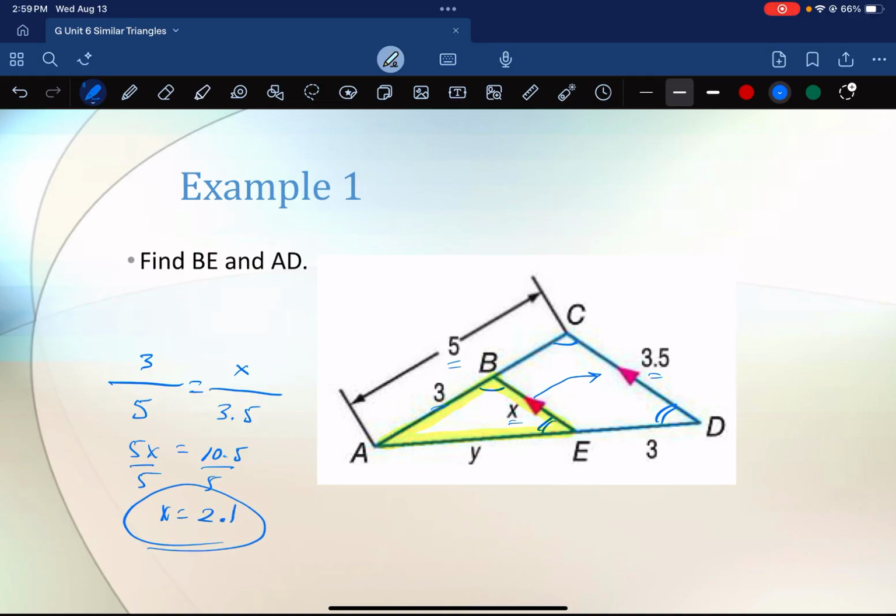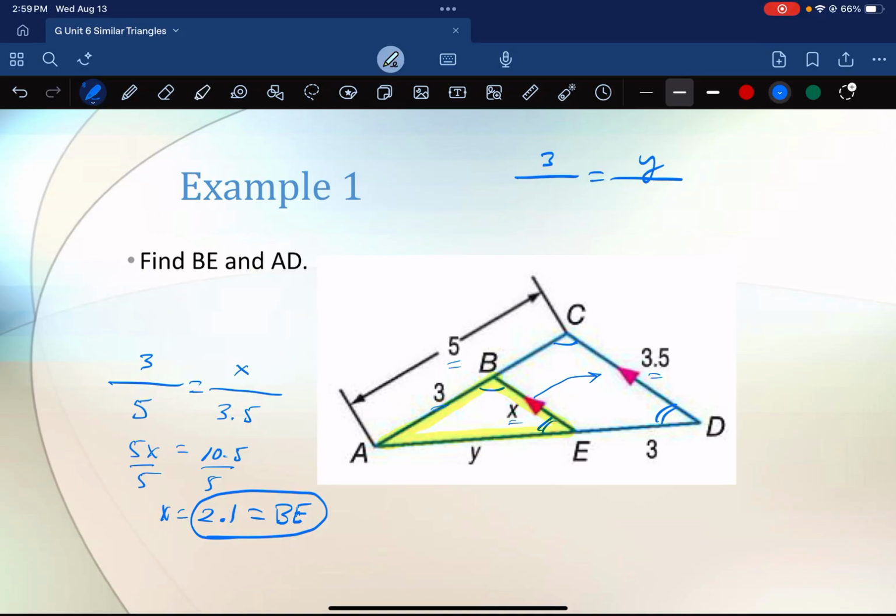And that says find BE, which we just did. So this is BE. And then we need to find AD, notice it says. So to find AD, we need to find y. This time, let's set up a proportion with the small triangle again, but we're going to put 3 and y on top.